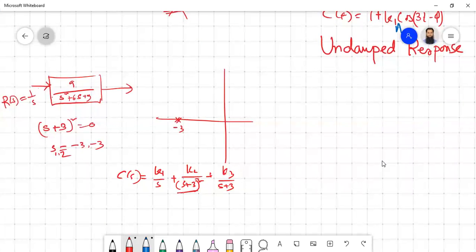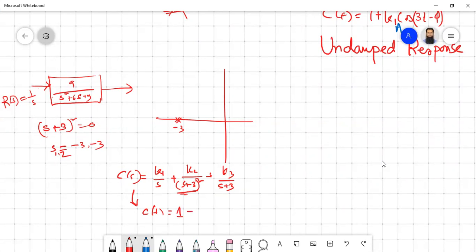Because of this square term, we're not going to figure out what K1, K2, K3 are. I think you will be able to do that from the knowledge of chapter 2. But if you take the inverse Laplace transformation, K1 can be 1 if you calculate.